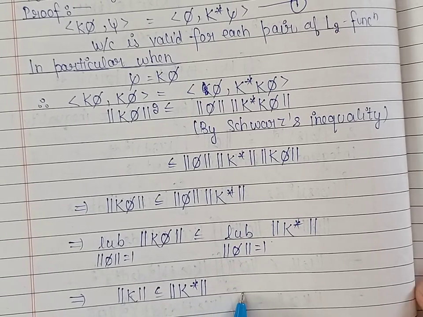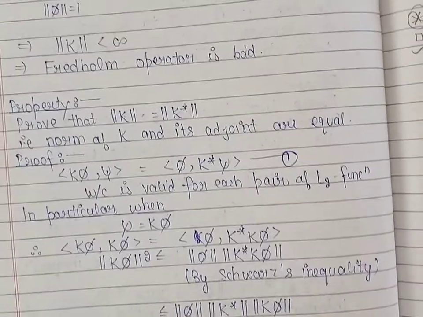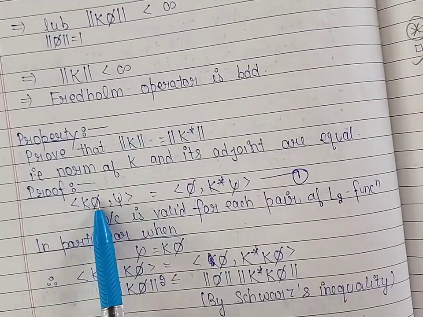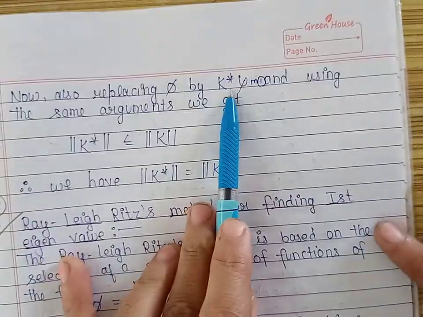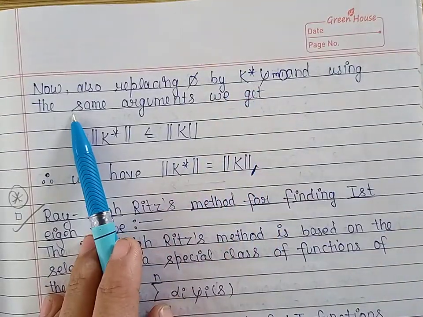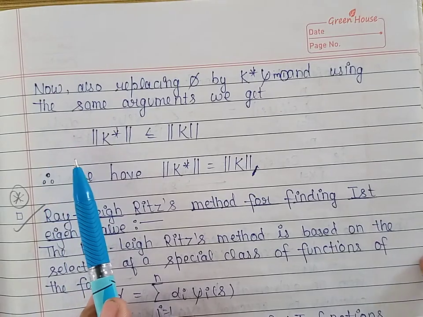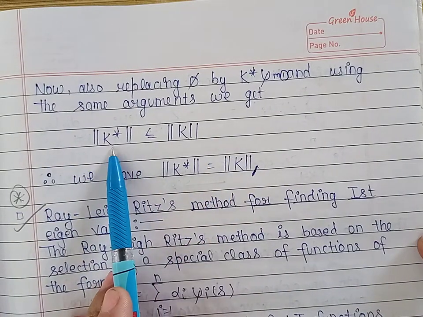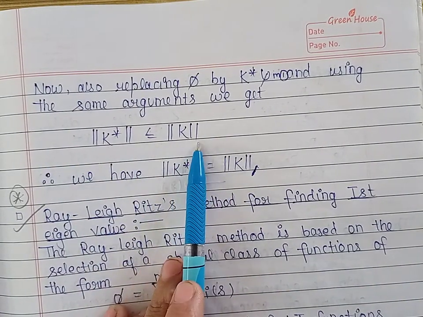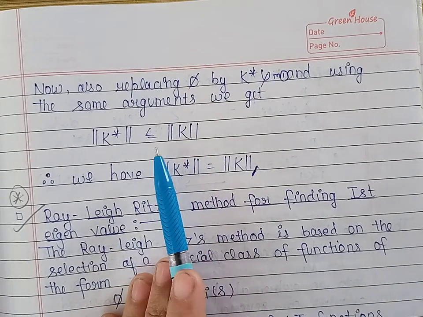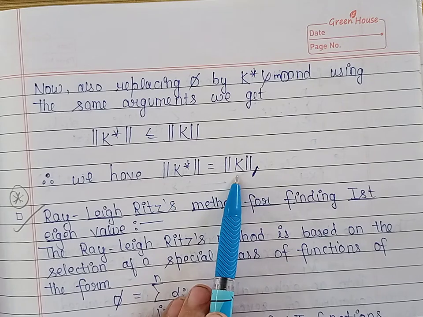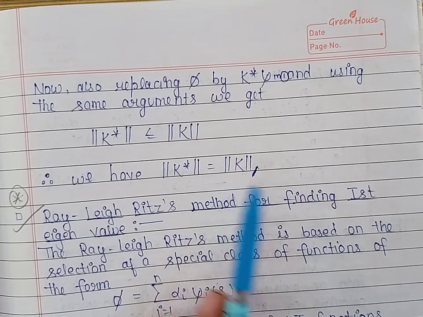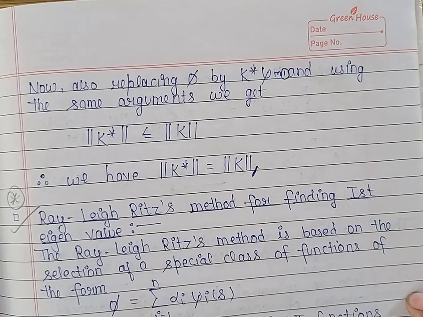Now if we replace the function phi in this equation by the function K star psi and use the same steps as in the previous equations, we get the norm of K star is less than or equal to the norm of K. So combining the two inequalities, we get the norm of K star is equal to the norm of K. So these are some of the properties of the operator K.